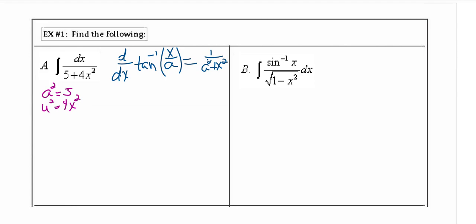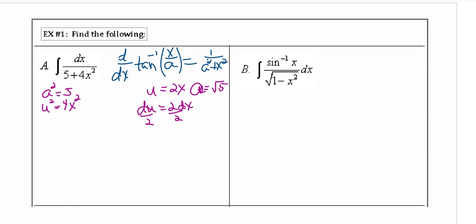So then when we do our u substitution here, we can let u be 2x, and I'm just going to write over here that a is going to be the square root of 5, because we're going to need that. And then, of course, du is 2 dx, and we need to take away that 2.